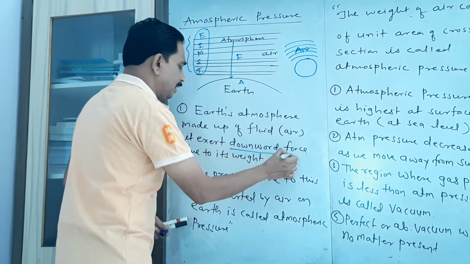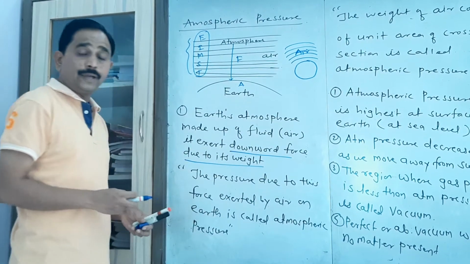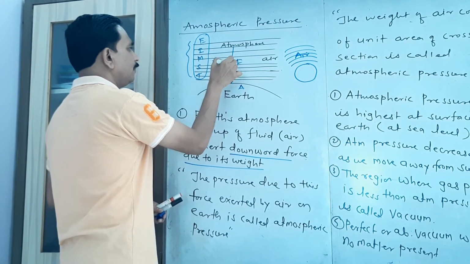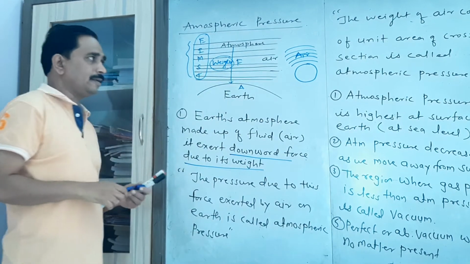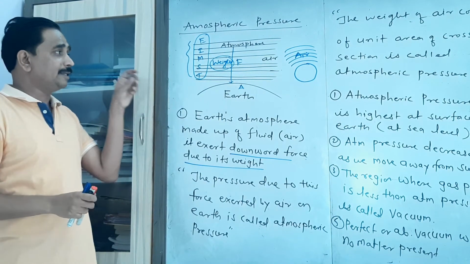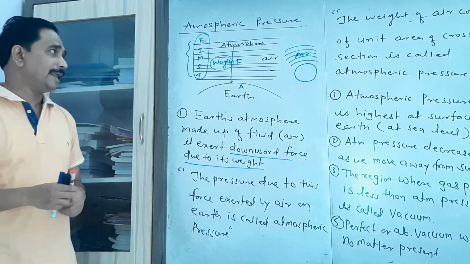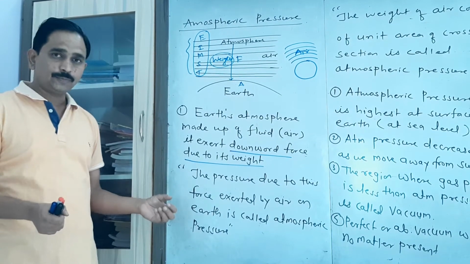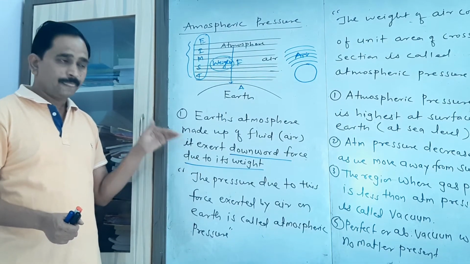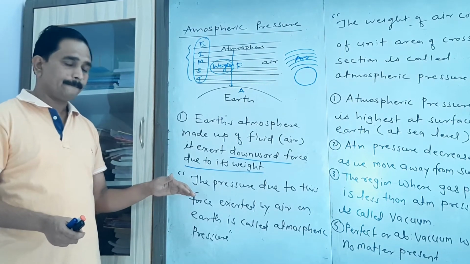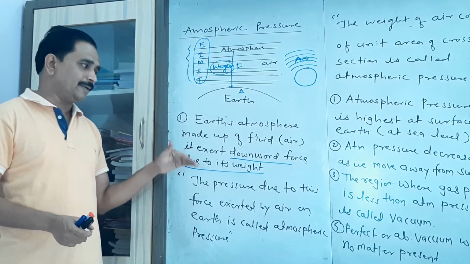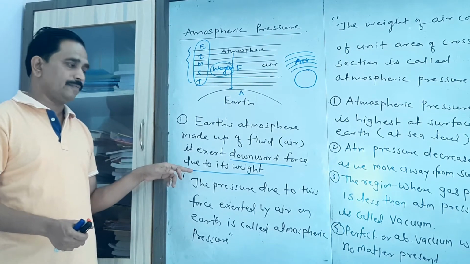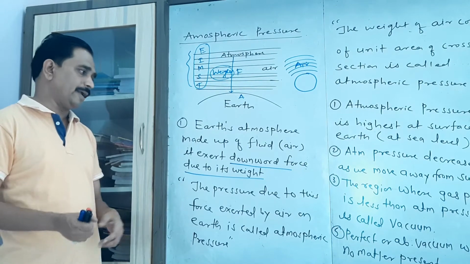In the downward direction, because of the weight. Whatever layers of air we consider here, they exert force in the downward direction because of their weight. So the first point: the earth's atmosphere is made up of fluid. It means that different layers of air exert a downward force because of their weight.